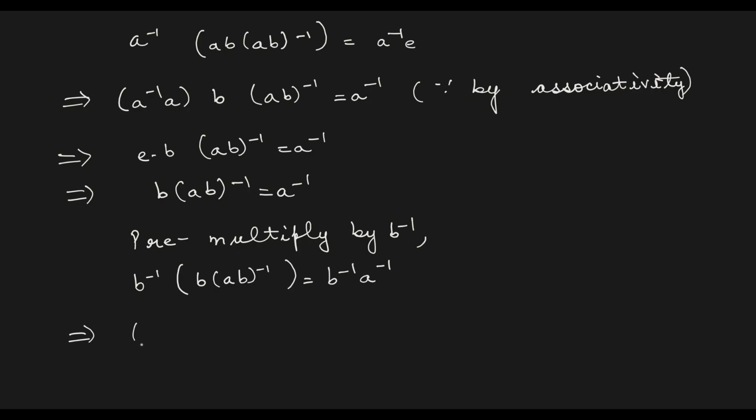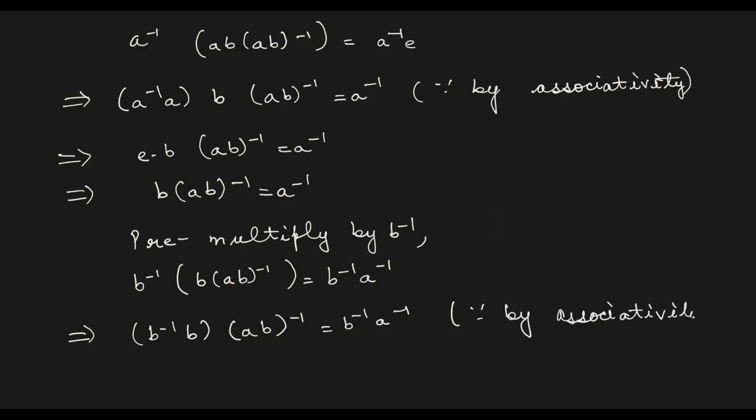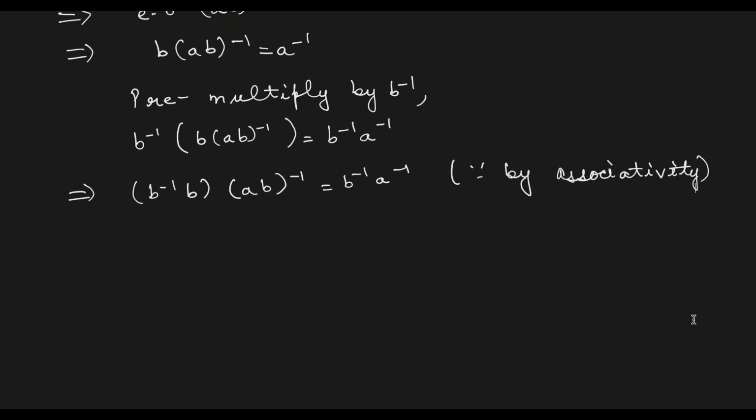Again applying associative property, b inverse b ab inverse, because by associativity. This implies e into ab inverse is equal to b inverse a inverse. This implies ab inverse is equal to b inverse a inverse. This is the required property.